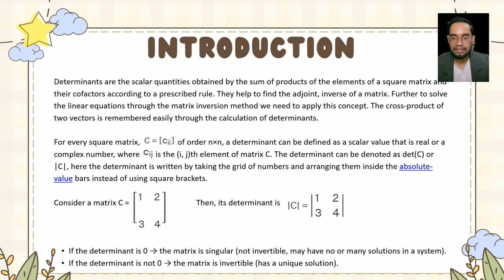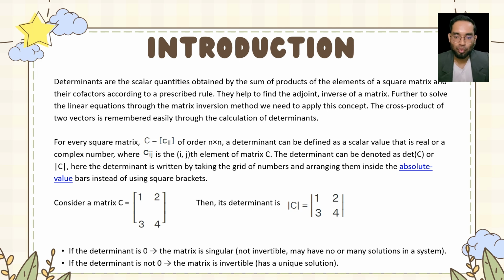Further, to solve linear equations through the matrix inversion method, we need to apply this concept. The cross product of two vectors is remembered easily through the calculation of determinants. This tells us the determinant's role in computing inverses and solving systems.